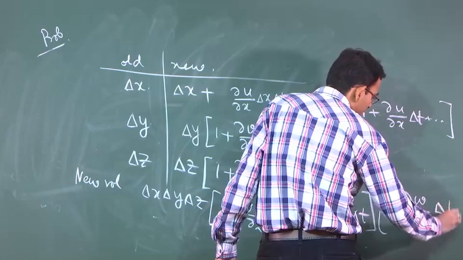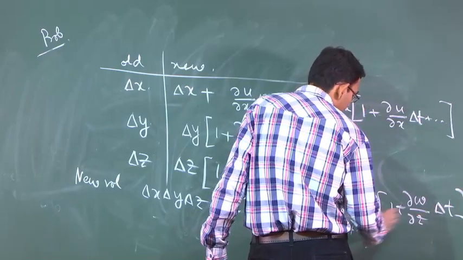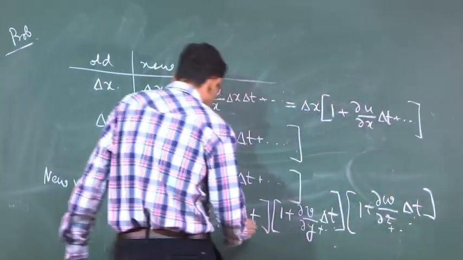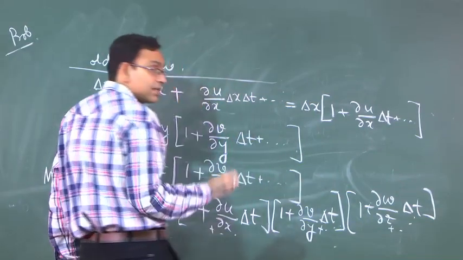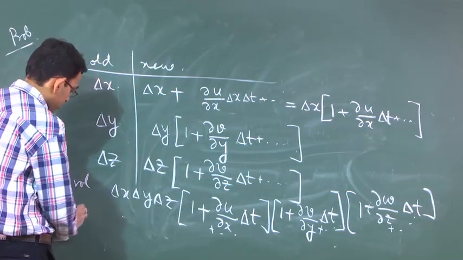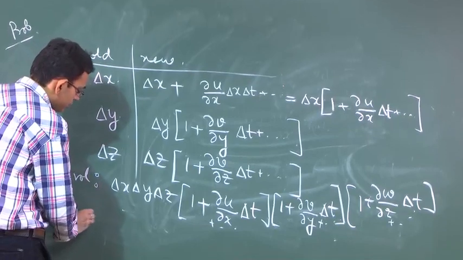I am not writing the higher order terms because when you take the limit, those terms will not be important. You can yourself do this and check. So, this is the new volume.